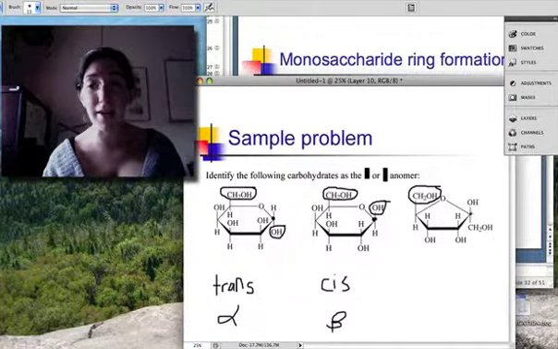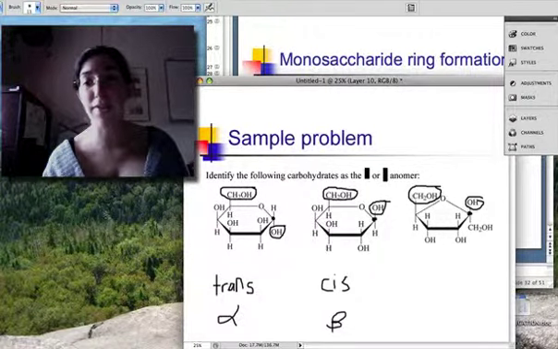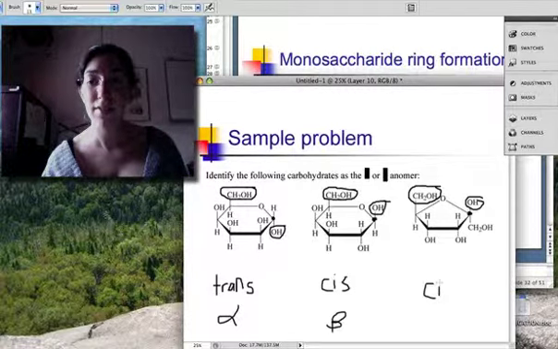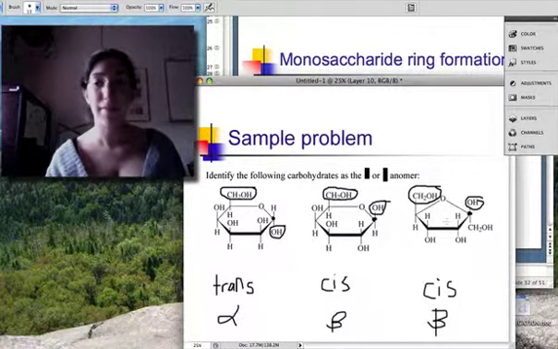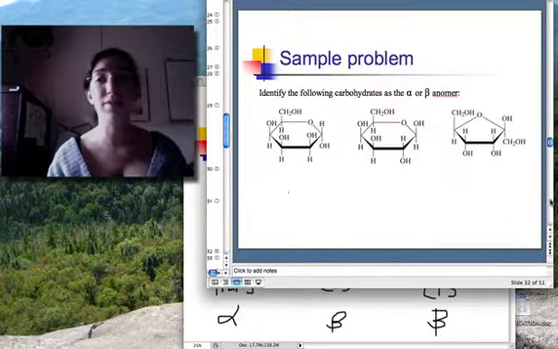Let me just double check that I am correct. Yep. So it's always the alcohol group that we're comparing to. So it's on the same side of the ring, so it's a cis relationship, which means, again, it's a beta anomer. Beta anomer. Okay? Again, practice those.